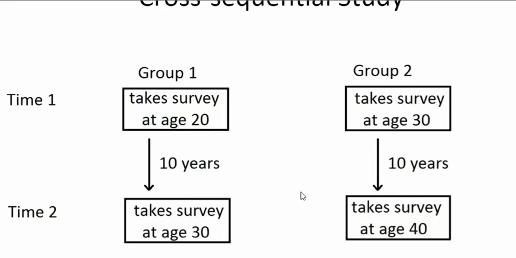So it looks like in this cross-sequential study, the researcher is looking at 20-year-olds and 30-year-olds at time 1. Then the researcher is waiting 10 years and giving a survey to the same two groups of people, but now at age 30 and age 40, because it's 10 years later.